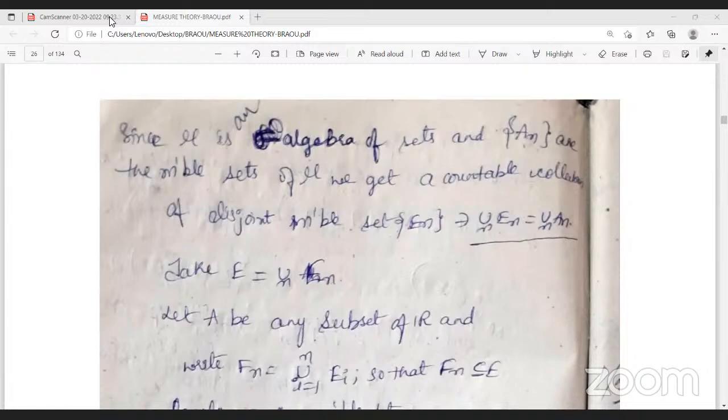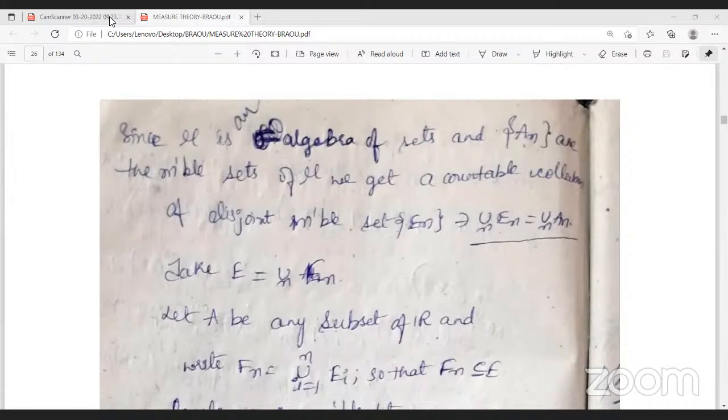Okay? Take up to k minus 1. So therefore only the final term remains. Limit k tends to infinity of m of E1 minus m of Ek. Clear? Okay sir, clear.